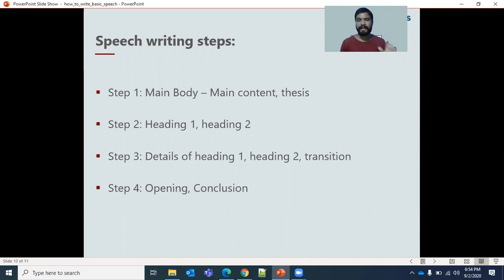The opening should be catchy and grab the audience's attention. There should be a hook, so that your audience doesn't go outside, and they listen carefully till the end of your speech.